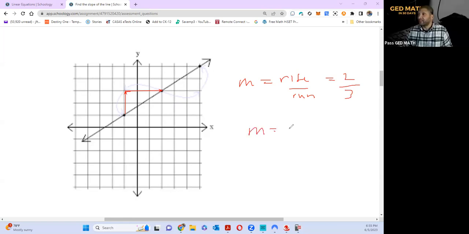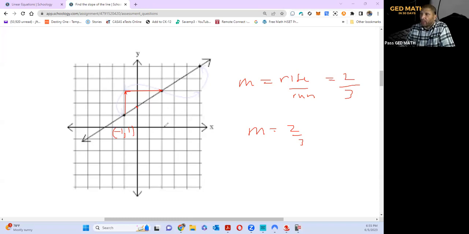This line is 2/3. Okay, you don't know what the y-intercept is here, right? Because you can't see what that number is. They're not going to ask you here because we don't know what that y-intercept is. Is that 1.7? Is it 1.75? But if you needed to find it, you would say, okay, well, this point is -1, 1.